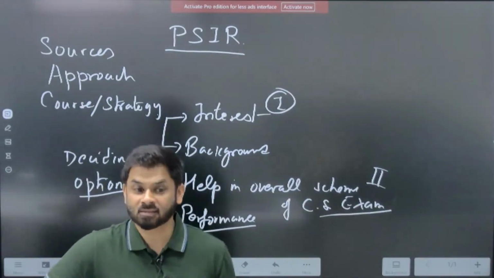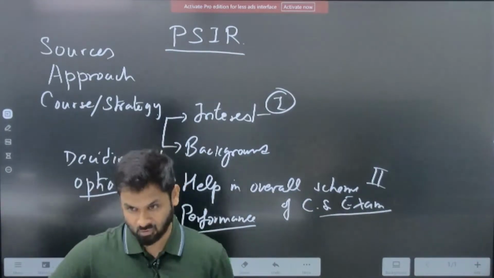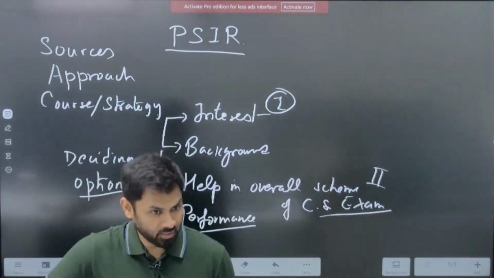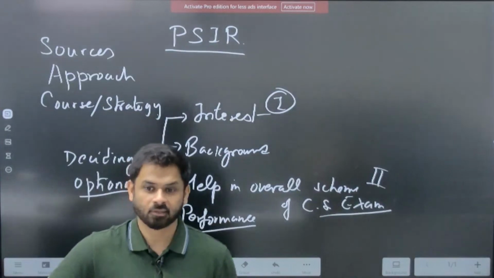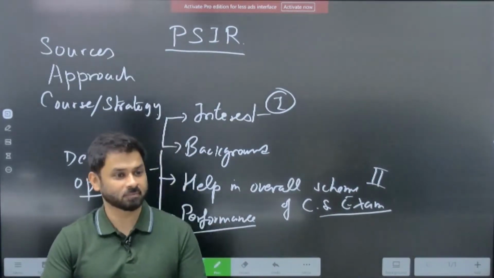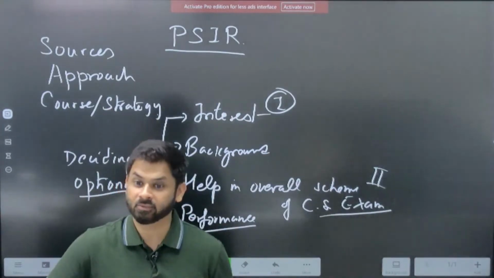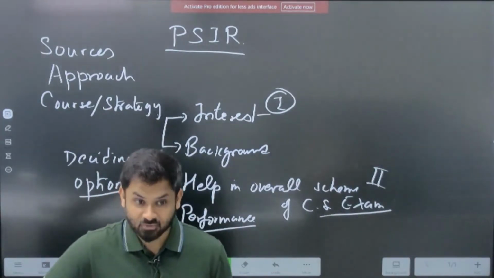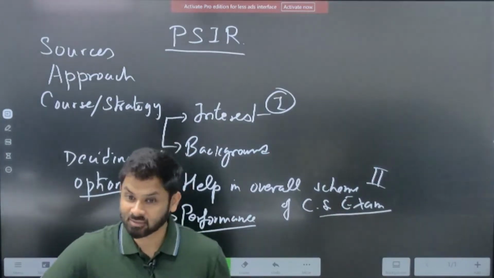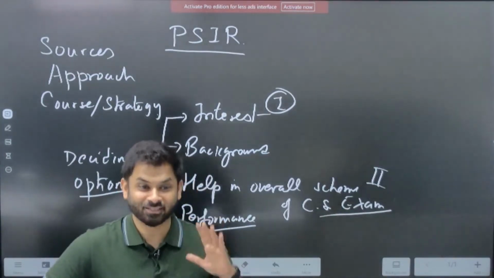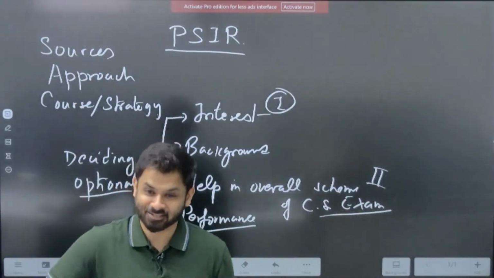In 1969, we had a presidential election where a lot of politics was involved. Right? Have you heard of this election? 1969 presidential election. It had involved a lot of politics. Neelam Sanjeeva Reddy and V.V. Giri were the contestants. It was in this presidential election that Indira Gandhi had given the call, please vote according to your conscience, and the official candidate of the Congress party was defeated in the election.